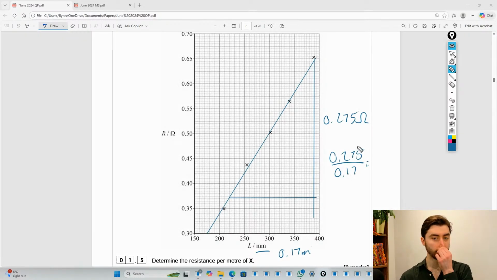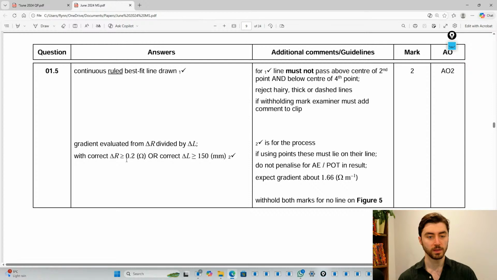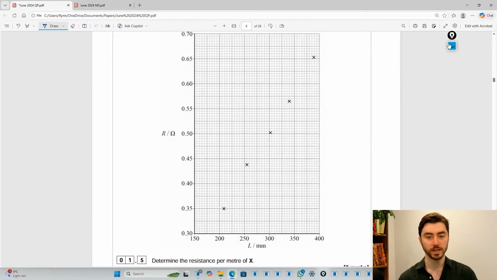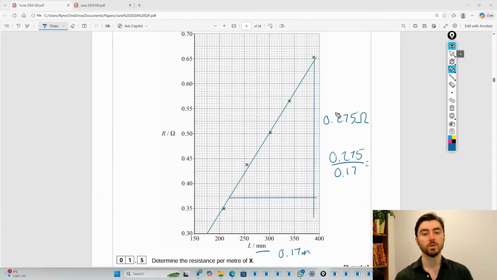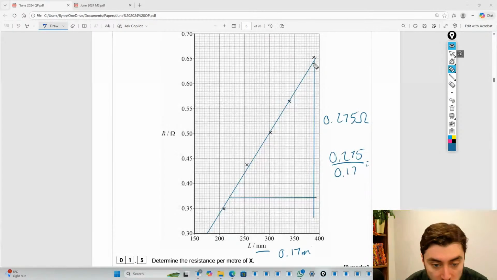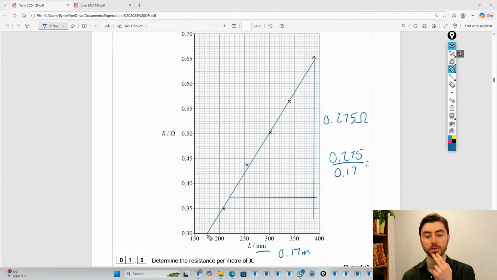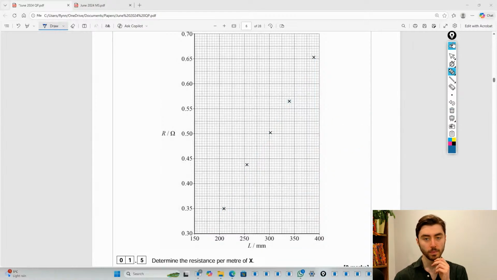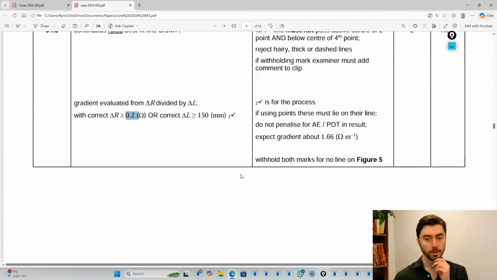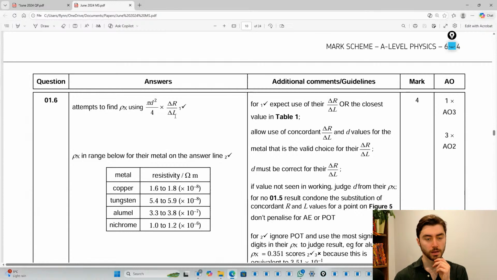So yeah, delta R was 0.275, which is bigger than that, and delta L is bigger than 150. I used 170. So you want to use a triangle that covers at least 2/3 of the data, and I picked points that I could be 100% certain of. In fact, I could even have used this one right at the bottom and would have been completely fine. Okay, so attempts to find px.